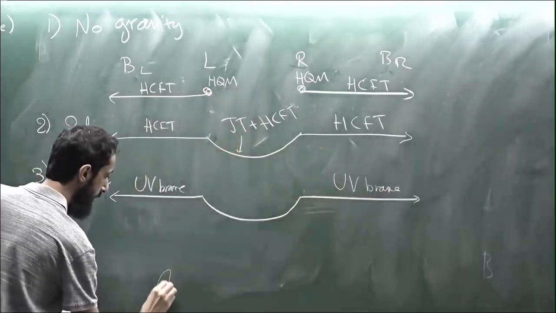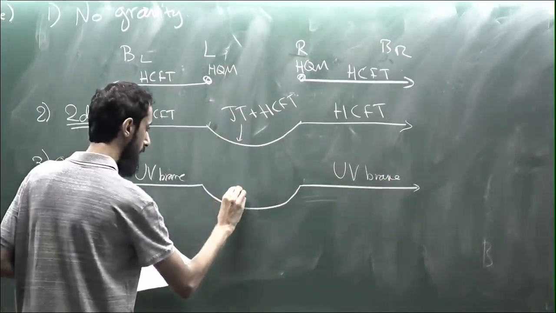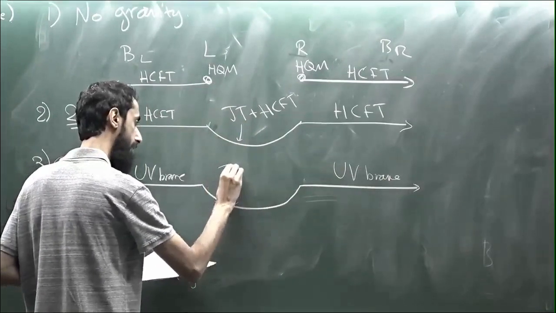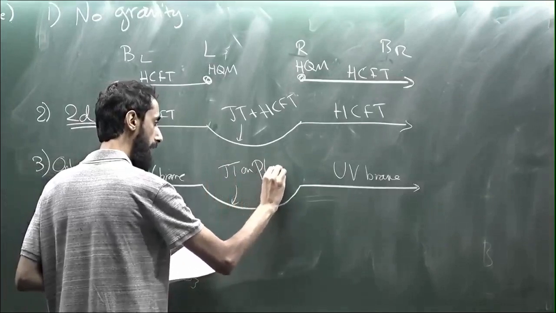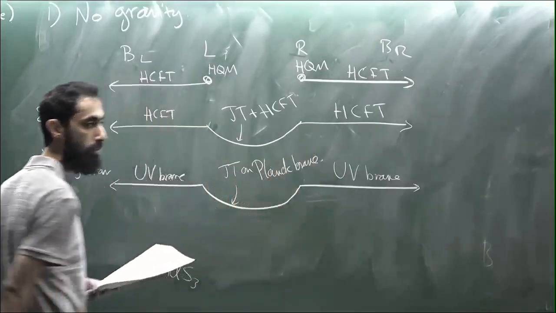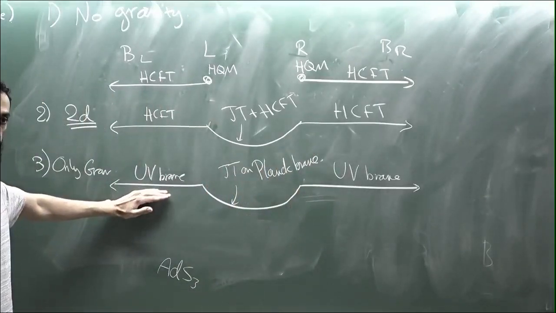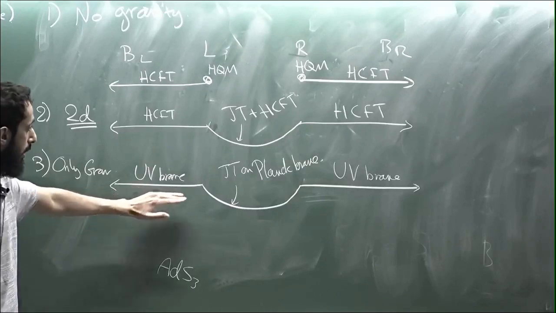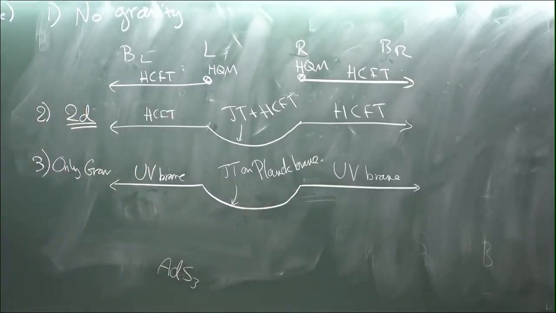Here we have AdS3. And here we have JT gravity on a Planck brane, using terminology of Randall-Sundrum. So here we have UV branes, the usual branes we think of when we do regular AdS/CFT. And here we have a dynamical brane, which has JT gravity living on it.